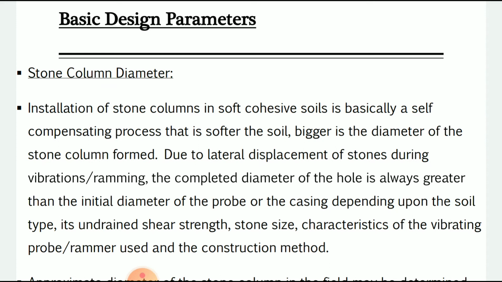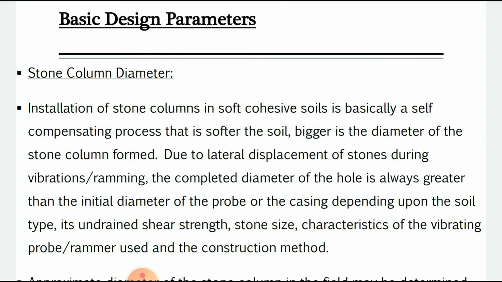the ramming. The compacted diameter of the hole is always greater than the initial diameter of the probe or the casing, depending upon the soil type, its undrained shear strength, stone size, characteristics of the vibrating probe, rammer used, and the construction method. So always remember, installation of stone column in the soft cohesive soil is basically a self-compacting process.